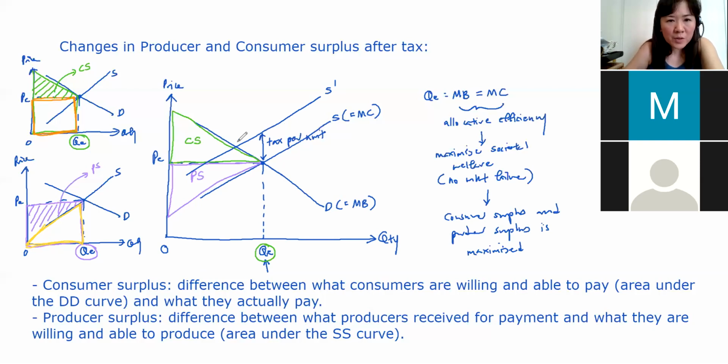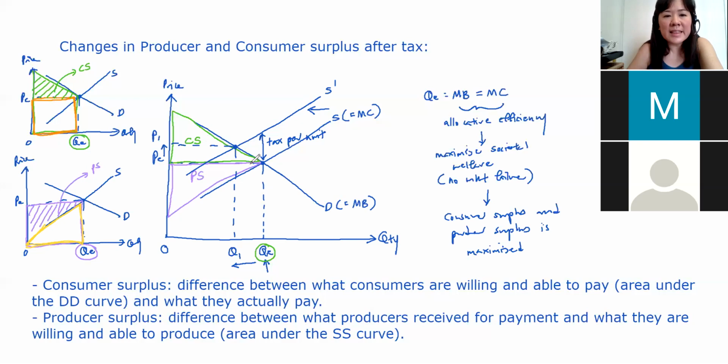This brings us to a new equilibrium quantity of Q1, meaning the effect of the tax is to reduce the quantity transacted from QE to Q1, and to cause the price paid by the consumer to increase from PE to P1.